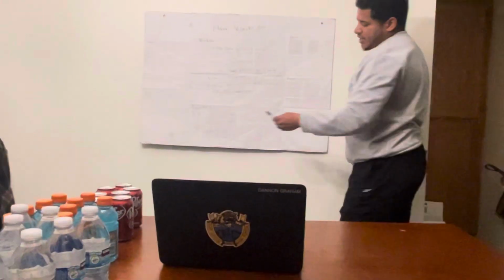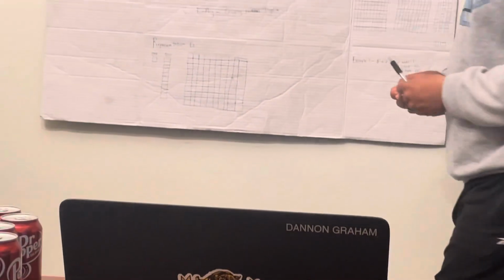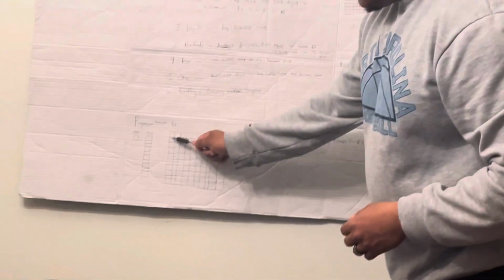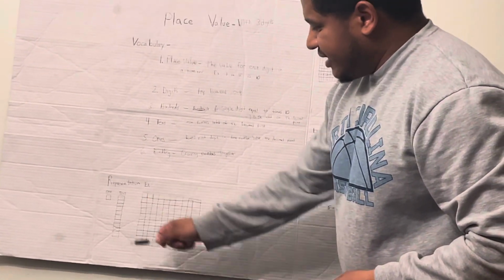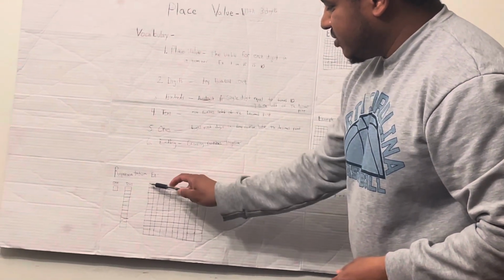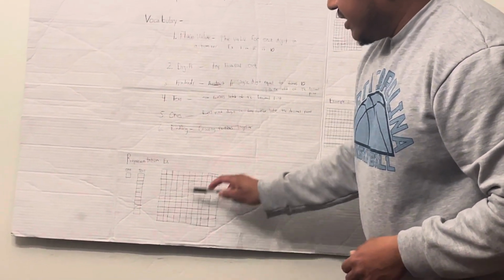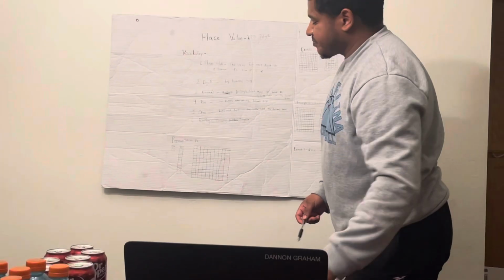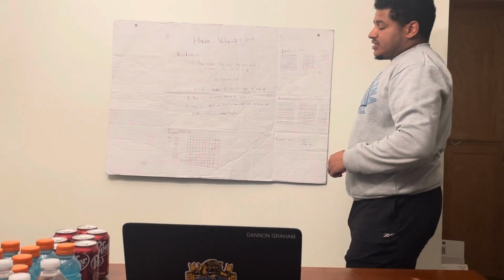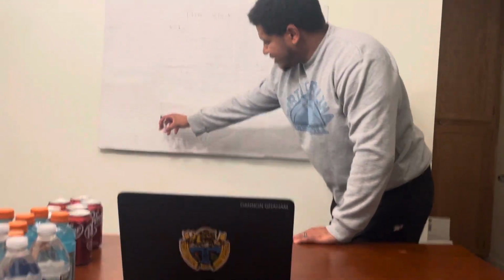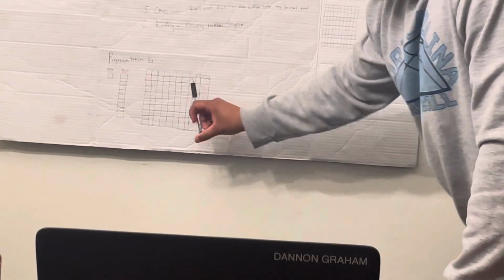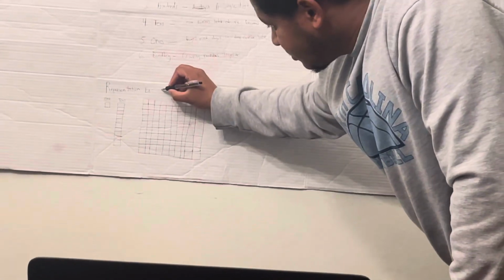Now this big one represents the hundreds, and all it is is 10 of these 10s. 10 times 10 gives you 100. So if we try to represent this with a number, it would be 100.